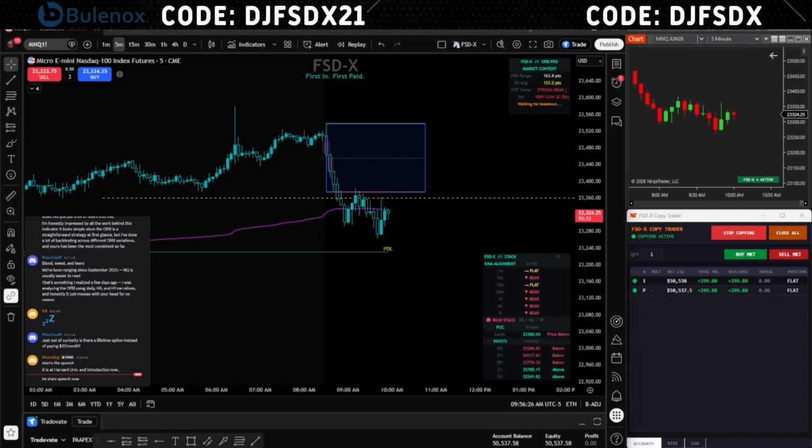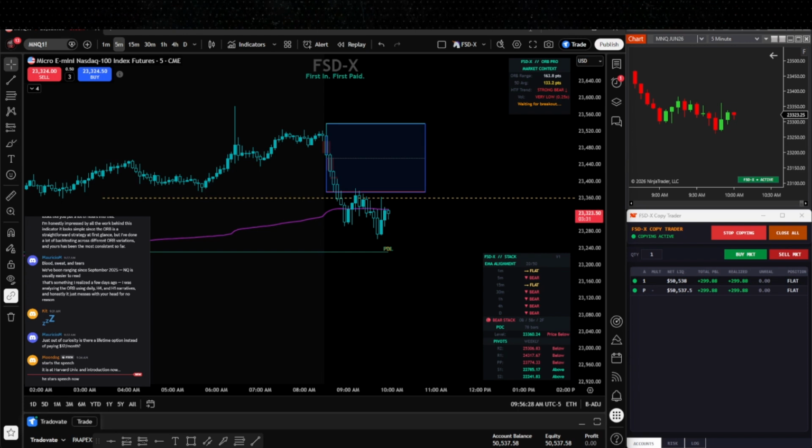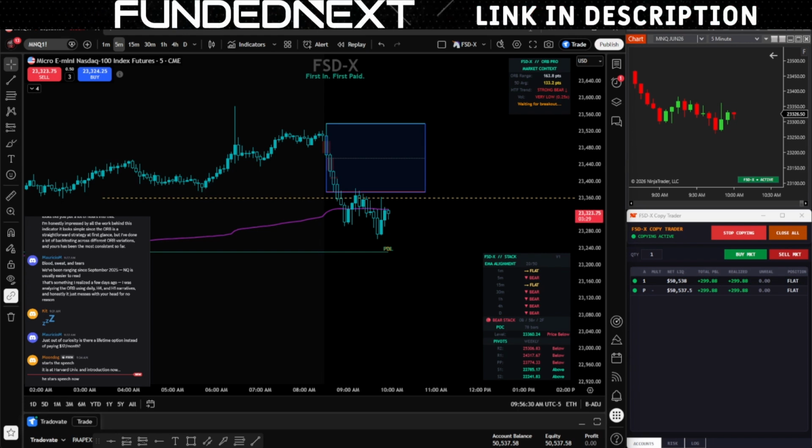Now it looks like we're just chopping around, hanging around VWAP. Whole lot of nothing.